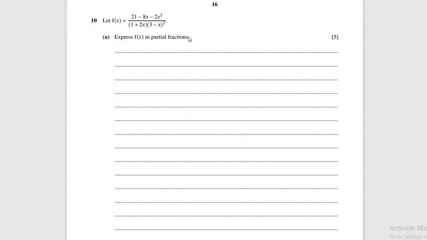This is partial fractions. Now, to express this as partial fractions, if you are following my channel, you know that this will be expressed as A over 1 plus 2x plus B over 3 minus x plus C over 3 minus x squared.